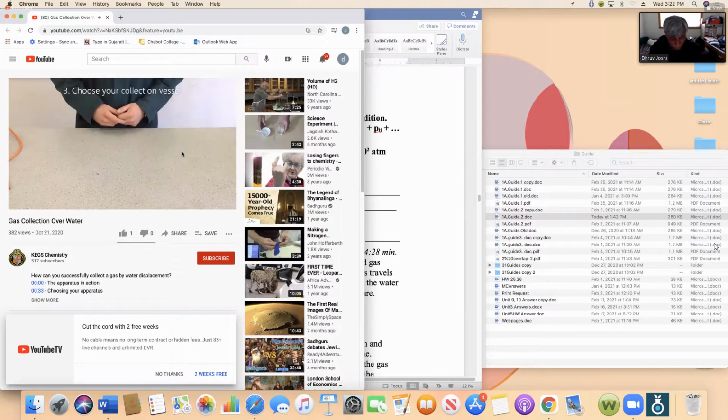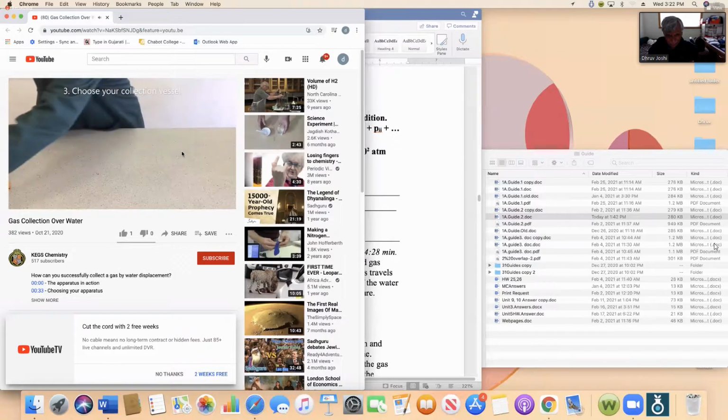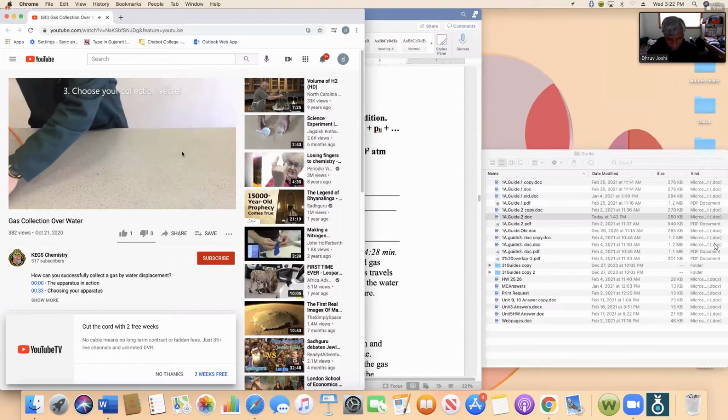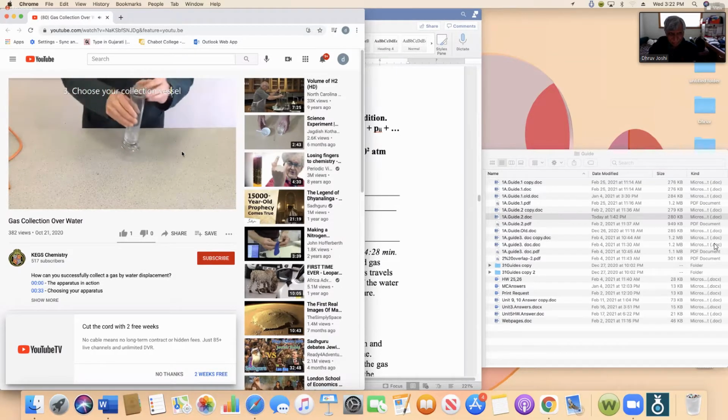The choice of the collection vessel depends on what you want to use the gas for. If you're interested in collecting the gas to use it, then if you don't have very much gas, you can use a test tube. Or if you've got a larger volume of gas, you can use a gas jar.